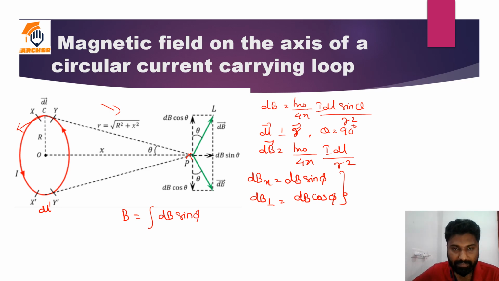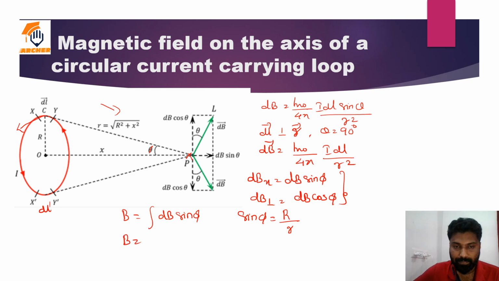So from this we need to find sin phi. If this is phi, how can we find sin phi? Sin phi equals this divided by this, so capital R divided by small r.